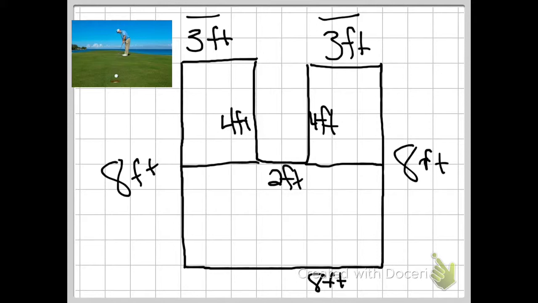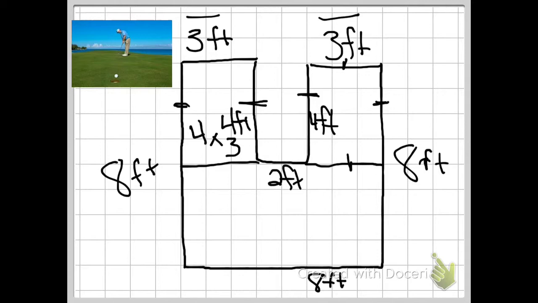This first rectangle here, I see that the length is 4 feet, because if this side is 4 feet, then the other side's going to be 4 feet. So the length is 4 feet times the width, which is 3 feet. And I see that this one is the exact same way. This is 4 feet long, so this side's going to be 4 feet. And if this side's 3 feet, then this side's going to be 3 feet.